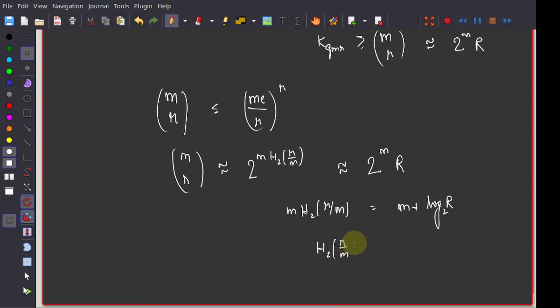So h2 of r by m is going to be 1 plus log r base 2 divided by m, where remember that r is something strictly less than 1. So this quantity is going to be slightly less than 1. As m tends to infinity, this term is going to tend to 0.